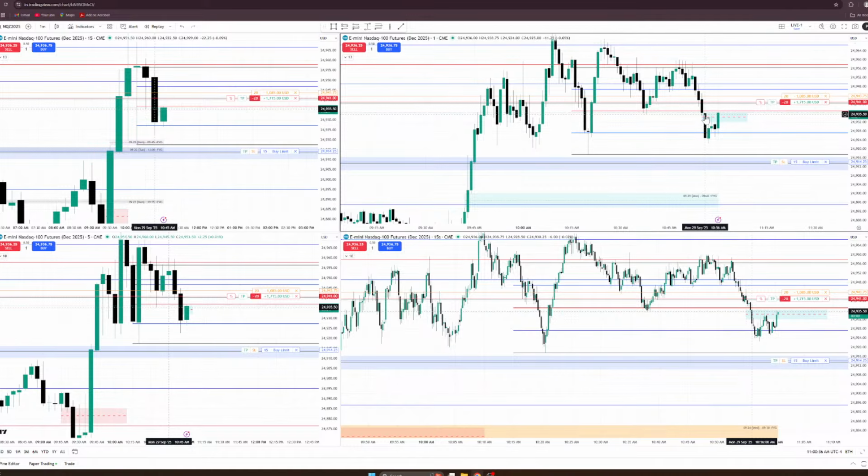So we have a volume imbalance here. And we want to see price remain below 50% of this wick, guys.